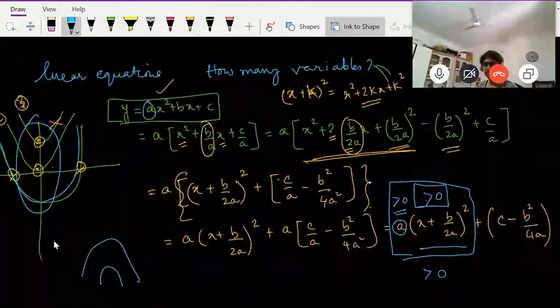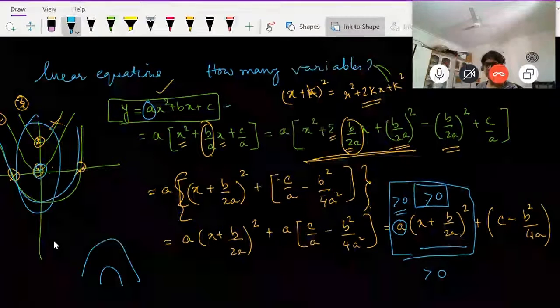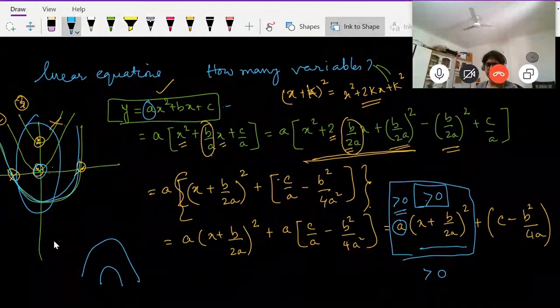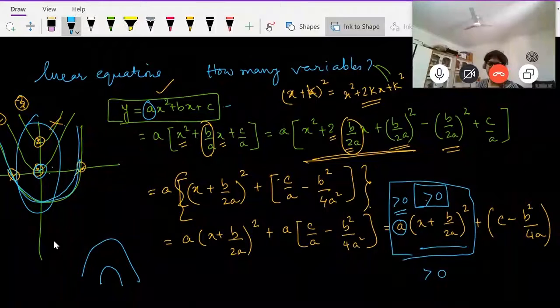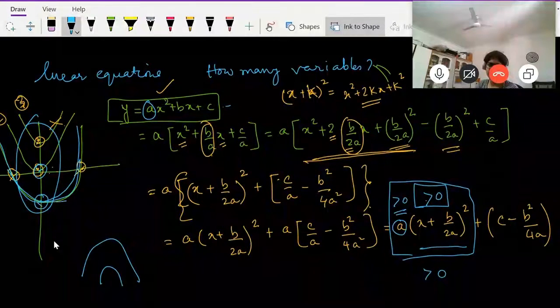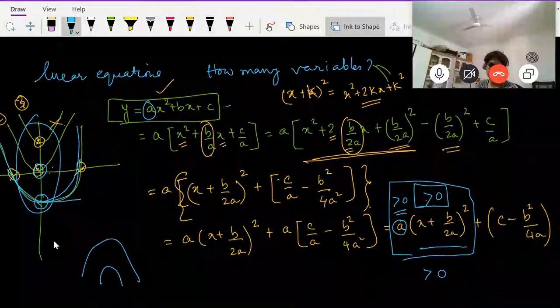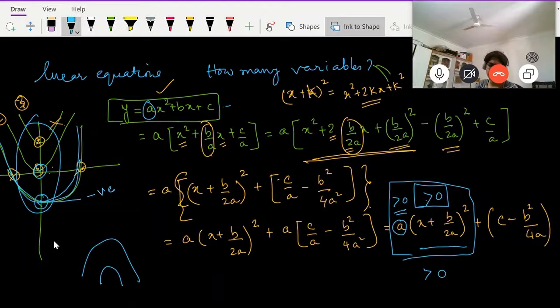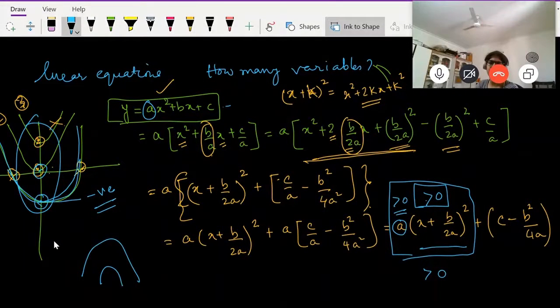Now for the given equation to have real roots, it has to either touch the x-axis or intersect the x-axis, right? So there are two possibilities. If it is intersecting the x-axis, then the minimum value of the curve will have to be negative, right?